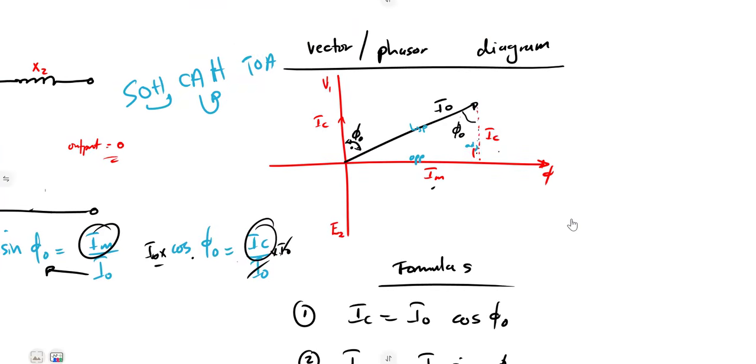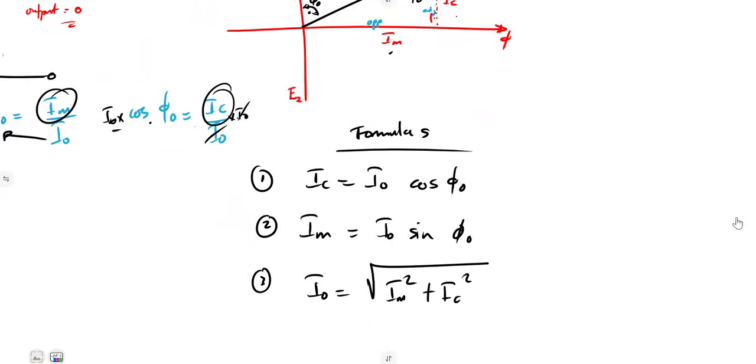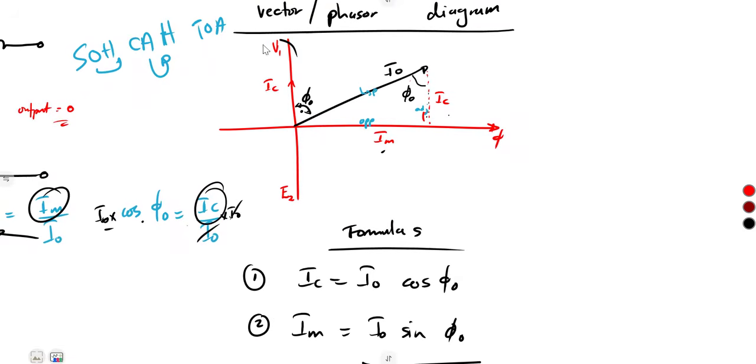What else can we consider? Remember, the power can be calculated if we consider V1 and IC. It gives us power: voltage times current. So along this, it will be voltage times current.